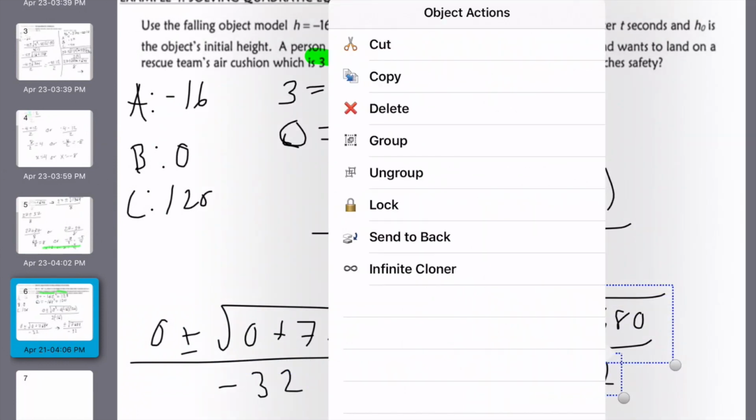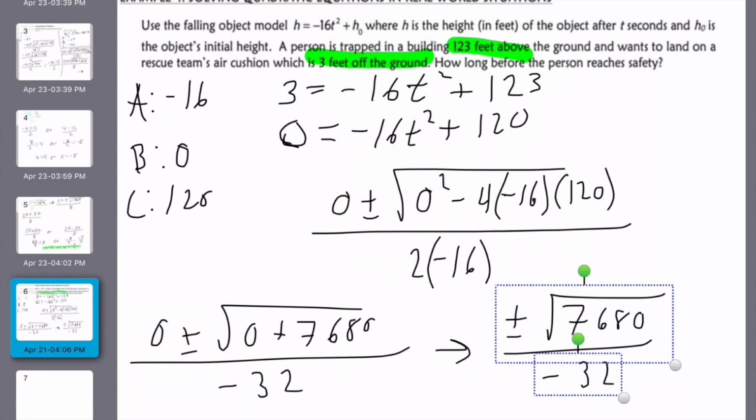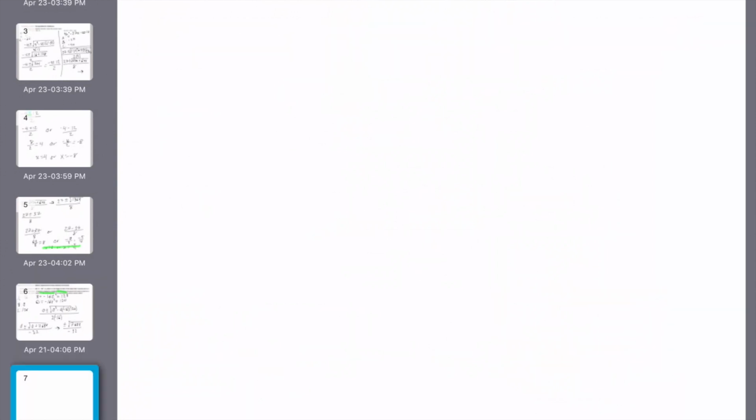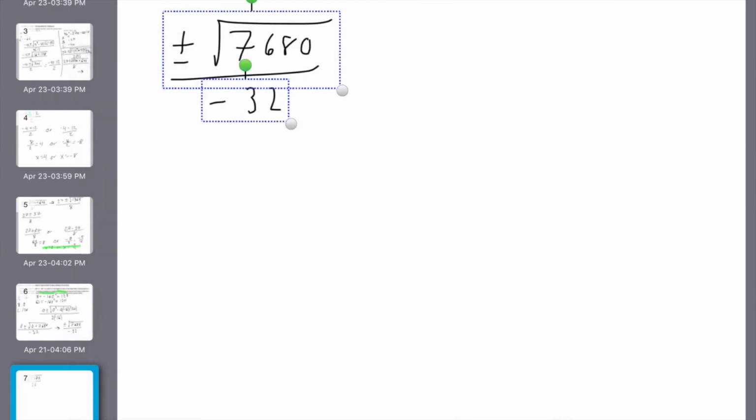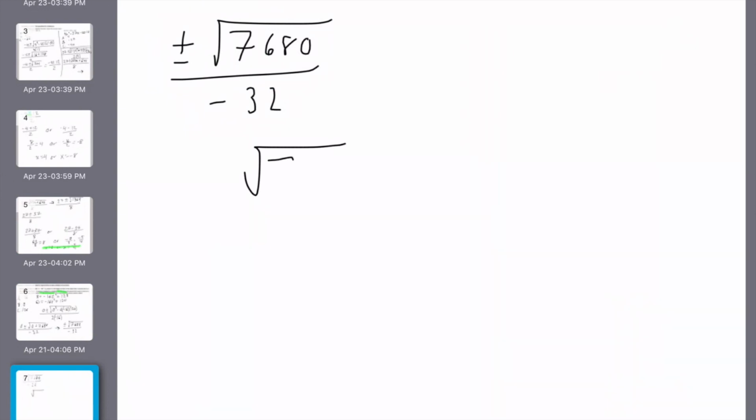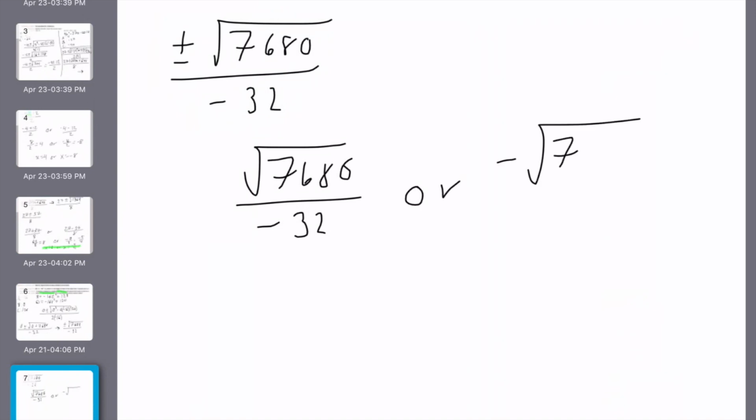I've got to do some more work because I want to be precise, because I don't know what the square root of 7,680 is, and nobody is going to know that off the top of their head. So I need to break this down into both my positive and negative answer. So it's either going to be the square root of 7,680 over negative 32, or the negative of the square root of 7,680 over negative 32.